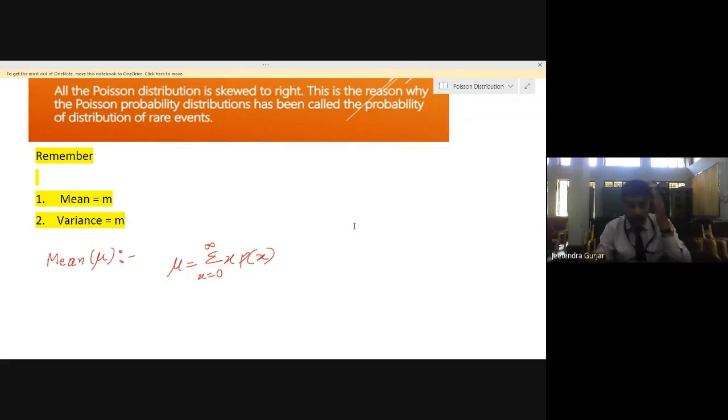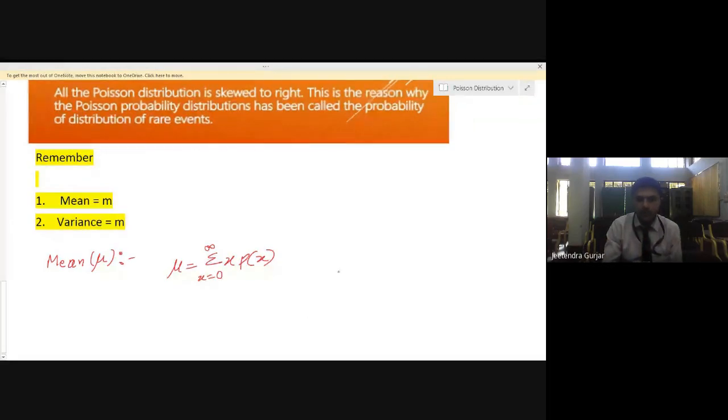So here we are going to take this probability distribution for Poisson's. What is the Poisson's formula? Already you have seen, p of x is equal to e raised to minus m, and this is m raised to x divided by x factorial.